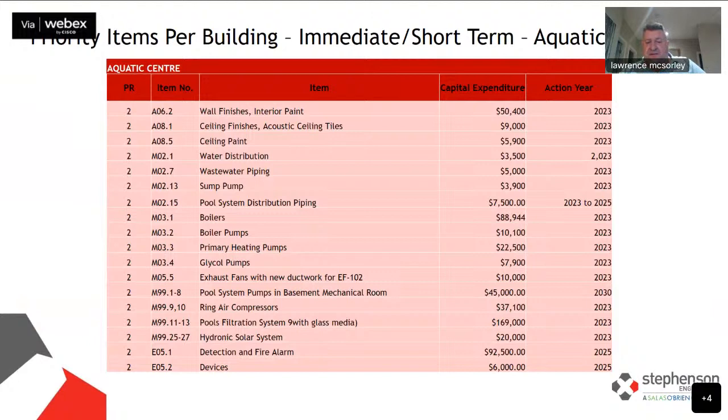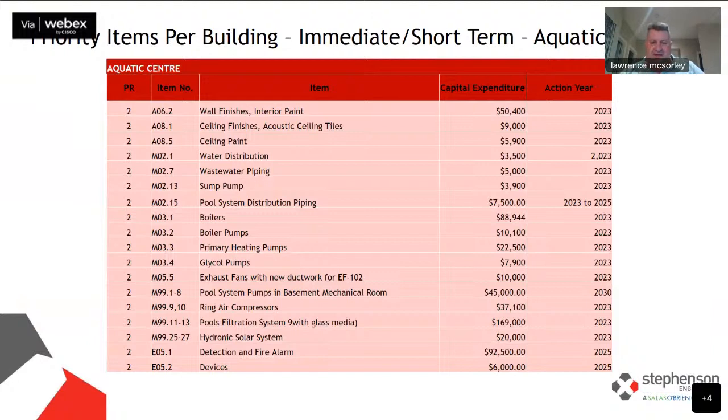There's some evidence that some of this stuff is failing, which is why it got put into that category. But there are things here that are more important than others. The bigger mechanical systems should probably take priority over some of the finishes, but the longer finishes deteriorate, it starts to escalate a little bit. So these are all the category 2 items.